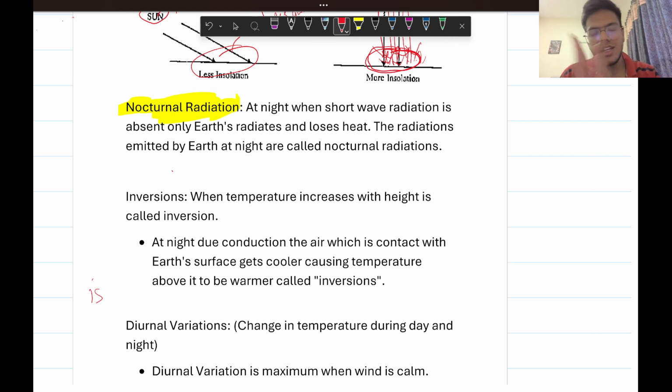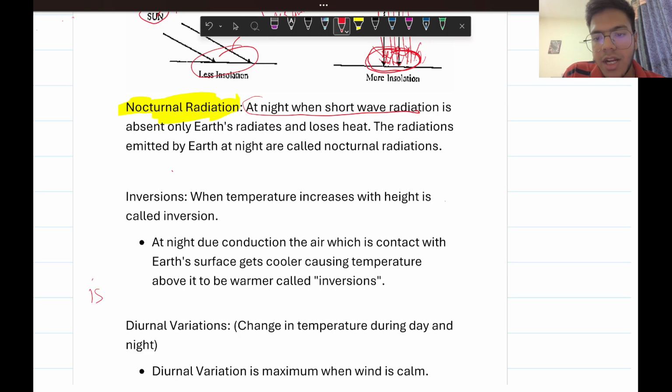Okay, the sun is there but solar radiations do not come. Okay, the sun is always there, the sun doesn't go anywhere. Okay, I meant to say that at night when short wave radiation is absent, basically what happens is in night time there is no sun. Okay, so there are no short wave radiations or solar radiations.